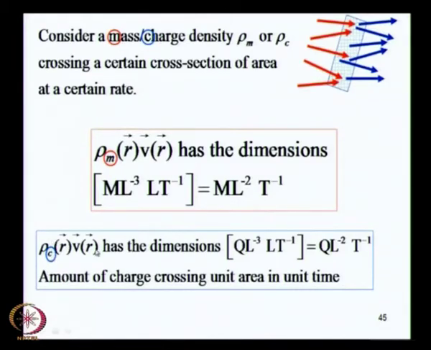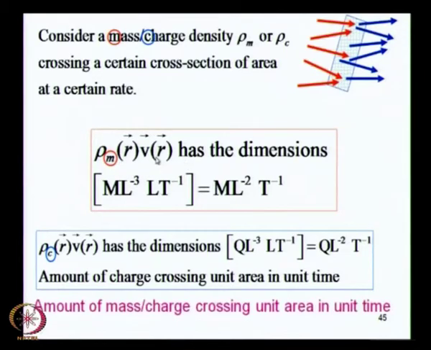So, rho c, which will have the dimension of charge per unit area per unit time, so q L to the minus 2 t to the minus 1, and the quantity we have introduced is the product of density and velocity. What it represents is the amount of mass or charge crossing unit area in unit time.